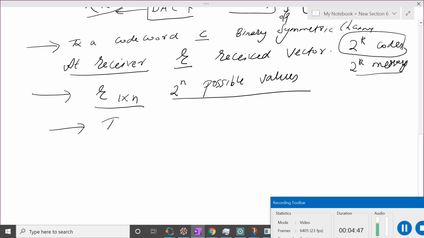So what is the task of the receiver, or channel decoder?